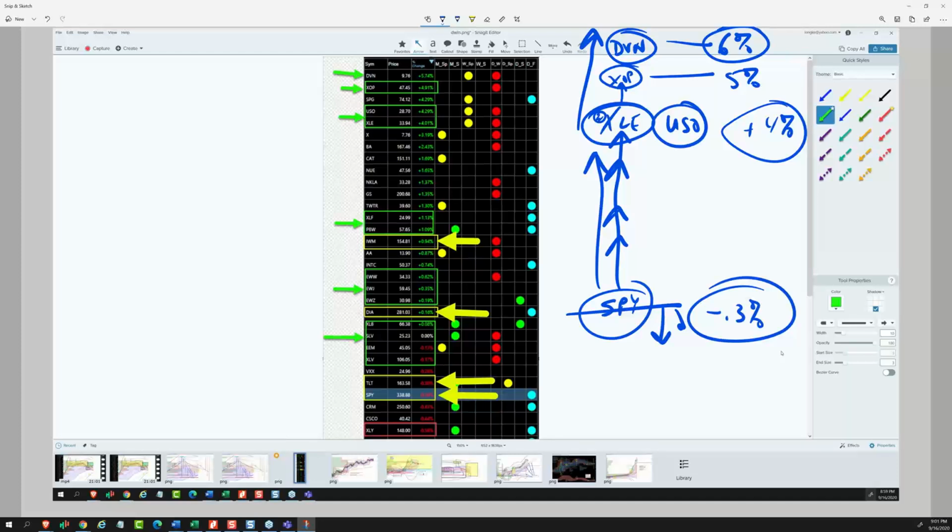Now, the other thing that we'll notice, if we can, is, let's see, so finance was better. It was up 1 and some change, so up plus 1%. Well, there's Goldman Sachs, up 1.3.